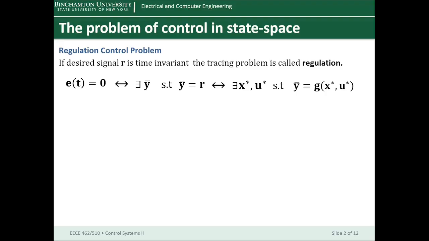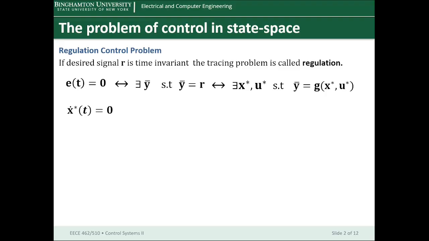We call these x star and u star, which satisfy the output equation. Because x star is fixed, its derivative also must be 0. So x star dot is equal to 0.